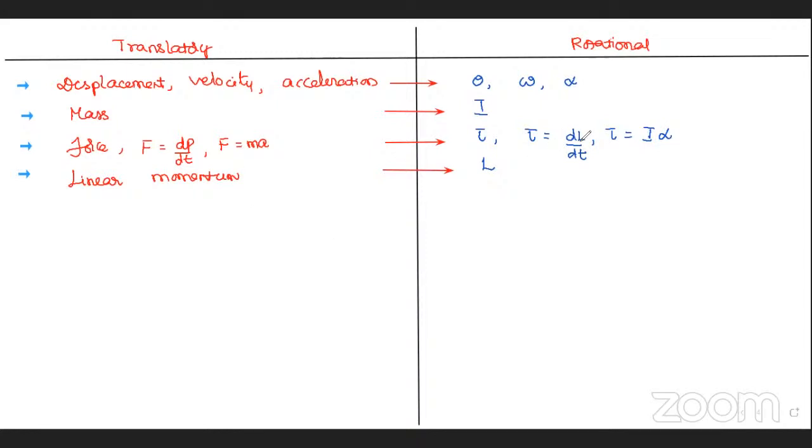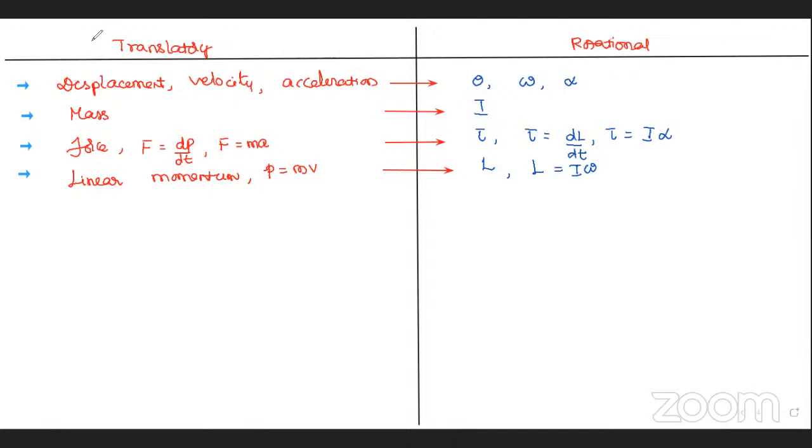Now able to follow, Nana? And linear momentum, P equals to mv we wrote. Same thing here: L equals to I omega, mass analogous to I, velocity v analogous to omega. Same thing we derived in the class.